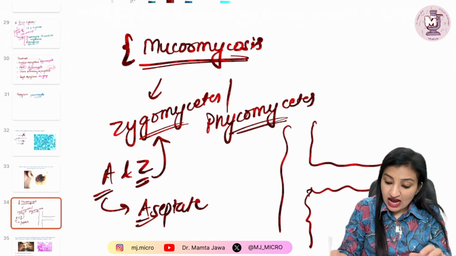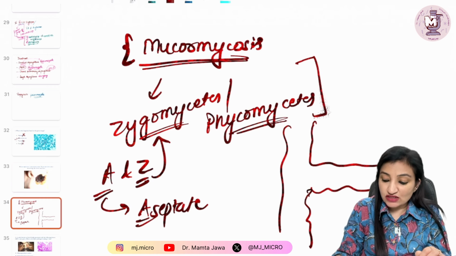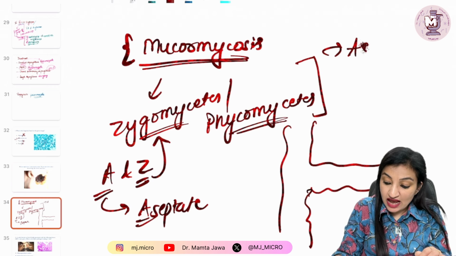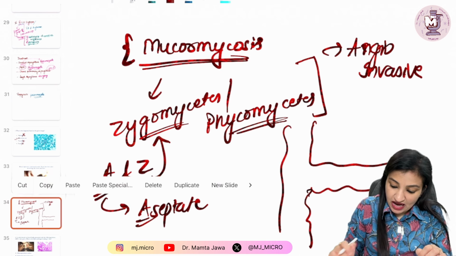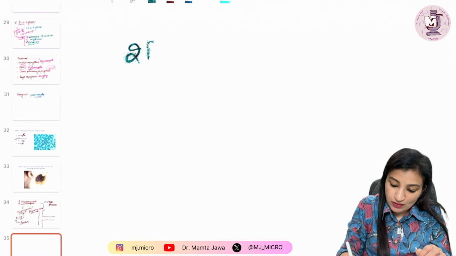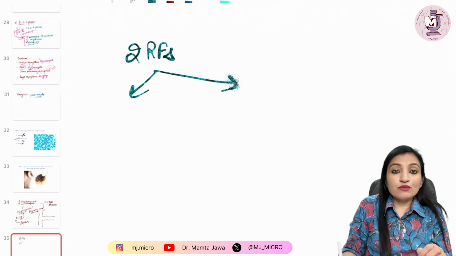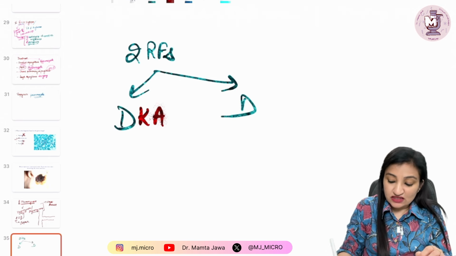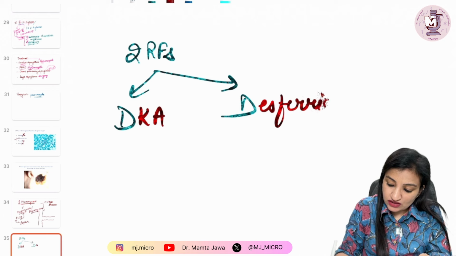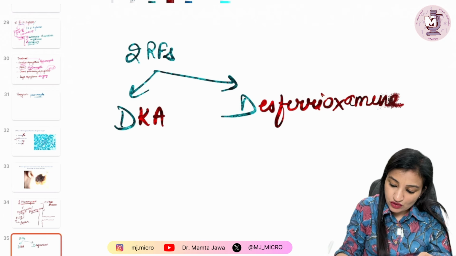Please remember this. And the fungi belonging to this class also, just like Aspergillus, are angio-invasive fungi. And the two important risk factors for mucormycosis are, remember, DD or demand draft, that is diabetic ketoacidosis and desferrioxamine therapy.